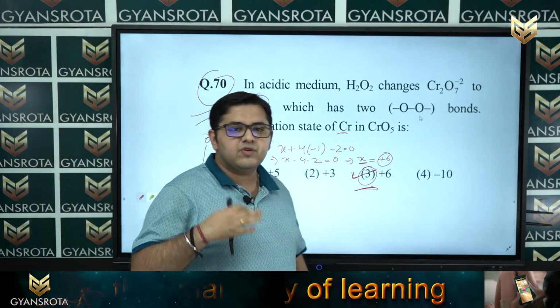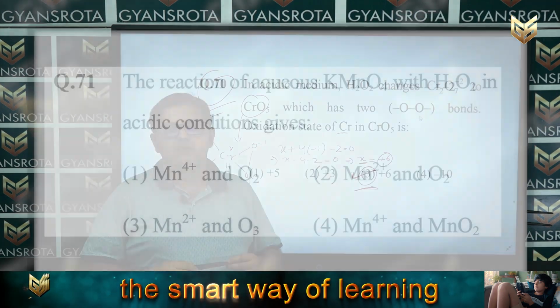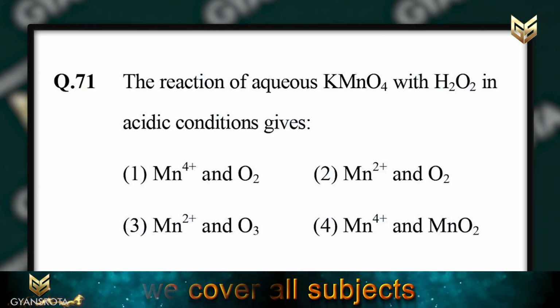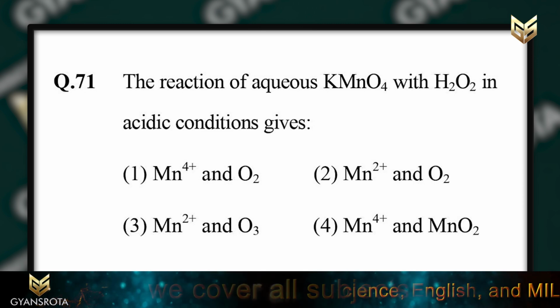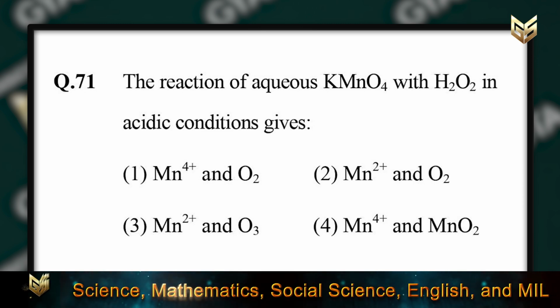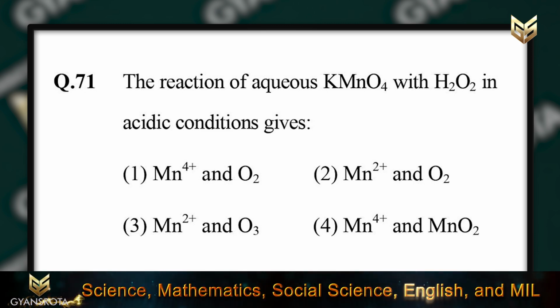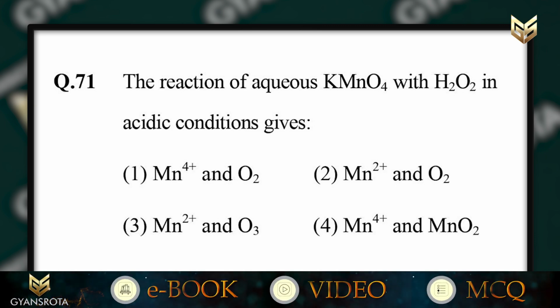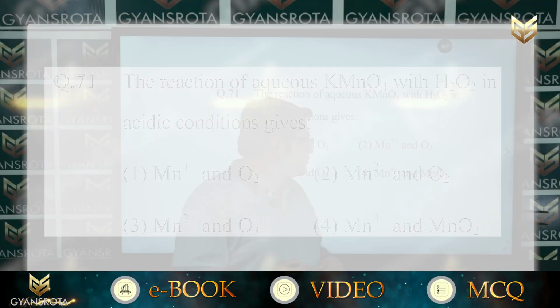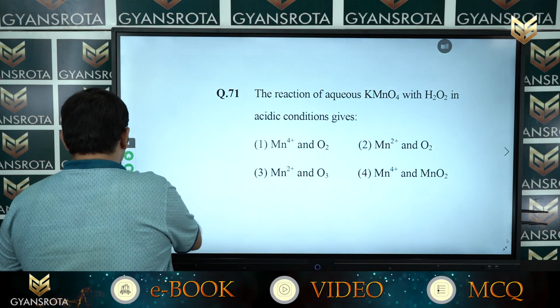Now we are moving to the next question, that is question number 71. Question number 71 is on your screen. The reaction of aqueous KMnO4 with hydrogen peroxide in acidic condition gives. Now we are moving to the solution part. It's a very easy question.